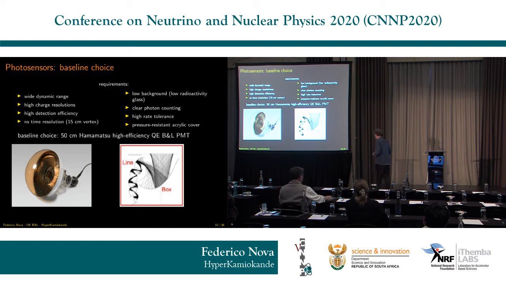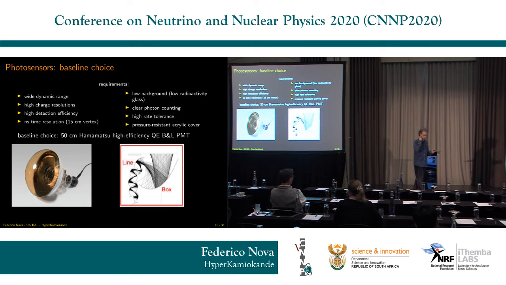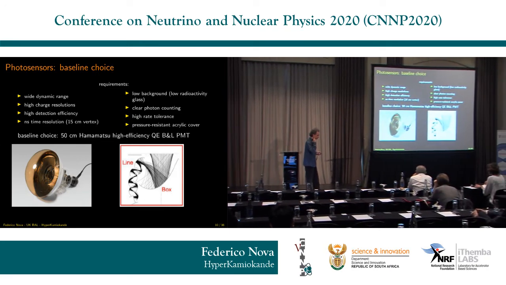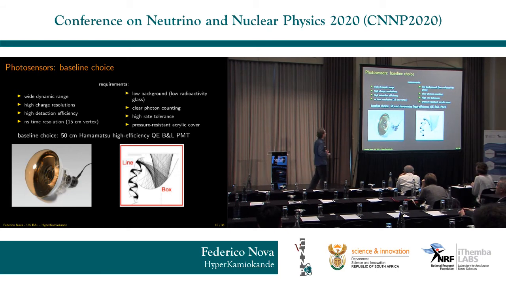First of all, because the physics program of Hyper-K is extremely rich, it spans from solar neutrinos that have MeV energy scale to higher than GeV for atmospheric neutrinos, for example. So we need a wide dynamic range, and naturally we want good charge resolution, good detection efficiency, good timing resolution, and low background in all the glass, mostly in the glass of the PMTs, and really in every piece.